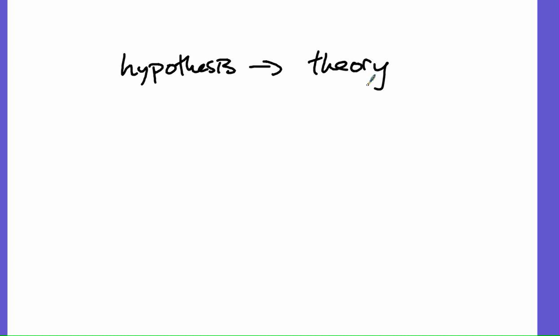Now, because this is science, if new evidence came about that contradicts that theory, we definitely would change it. We're never set in stone. There's no such thing as absolute. But what some people get confused about is they think, oh, okay, next step up, law sounds like a way better name than a theory.